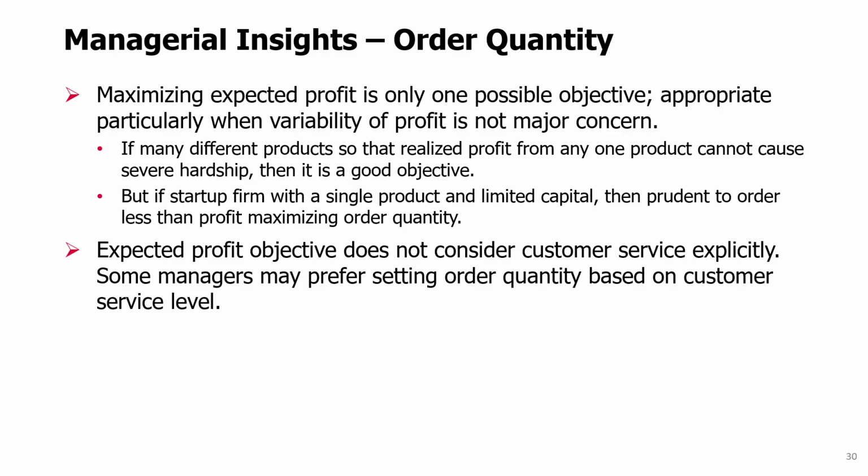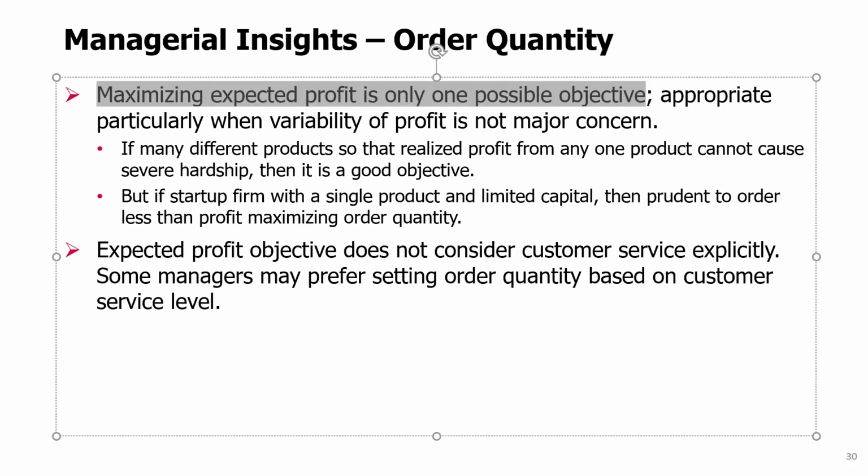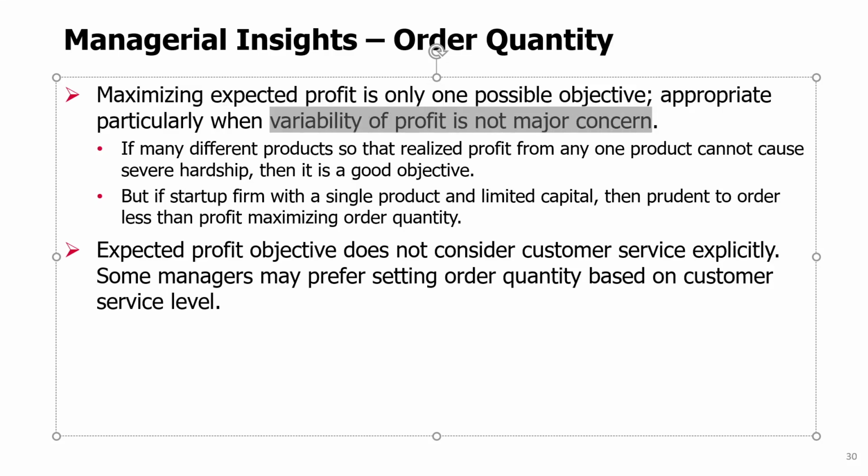Some more comments about order quantity. Maximizing expected profit is only one possible objective to choose the order quantity. It is, of course, appropriate when variability of profit is not a major concern.